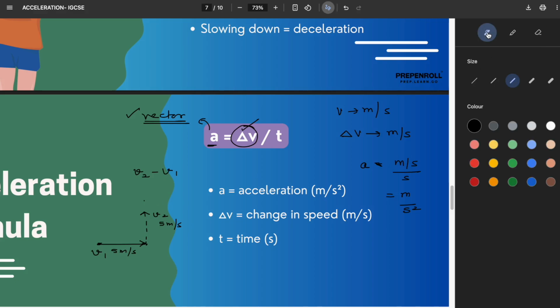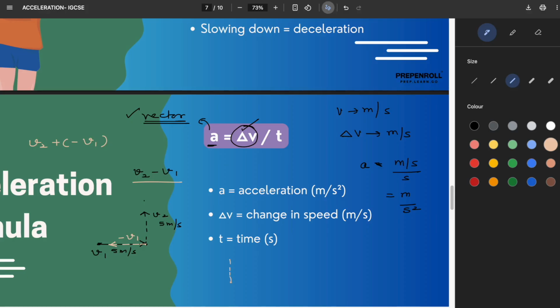This may not be a specific part of the syllabus, but still I am doing it because I want to show how we will be finding it out. Okay, now what I need is V2 minus V1. Can I write V2 minus V1 as V2 plus minus V1? So if V1 is positive in this direction, minus V1 is going to be in this direction.